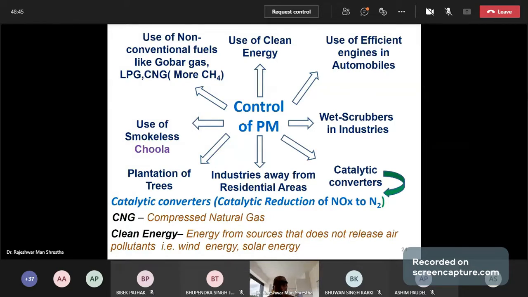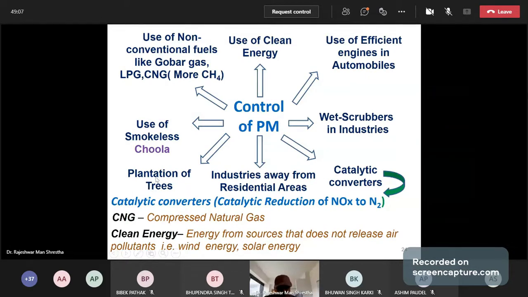Every industry should fit a wet scrubber. The main purpose of that is to moisten particulate matter. After moistening, the particulate matter becomes heavy and goes down to the bottom of the machine and can be removed at regular intervals.